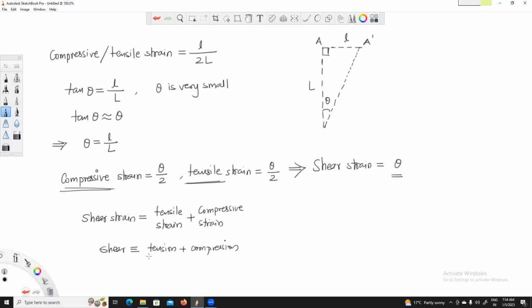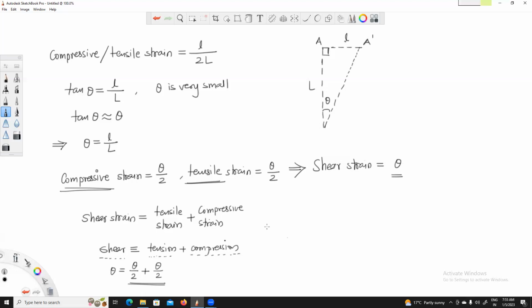If your object is under tension and compression simultaneously, you can say that it is under shear. Or if your object is under shear, then it will have a tensile strain as well as compressive strain, right? So we can conclude that shear is equivalent of tension and compression, and the total shear strain produced, this theta, will be equal to the tensile strain produced, theta by 2, plus compressive strain produced, theta by 2. So this is basically the addition of both.